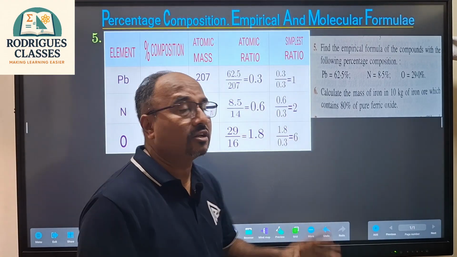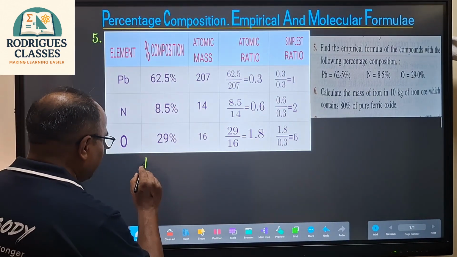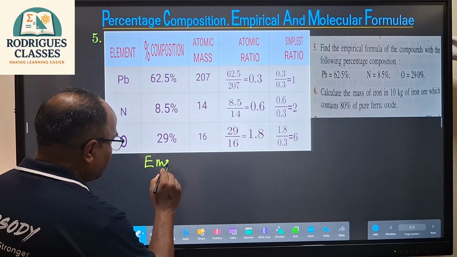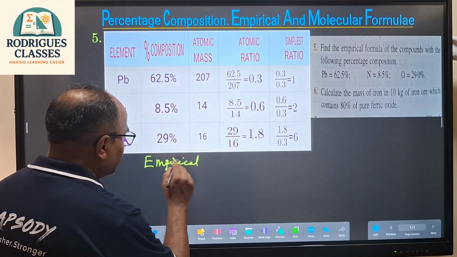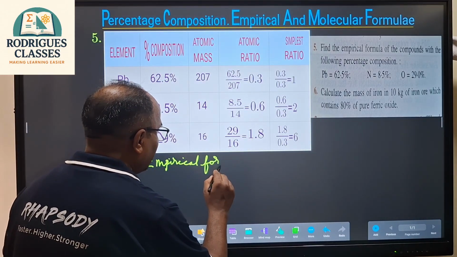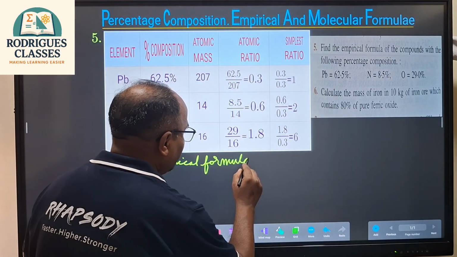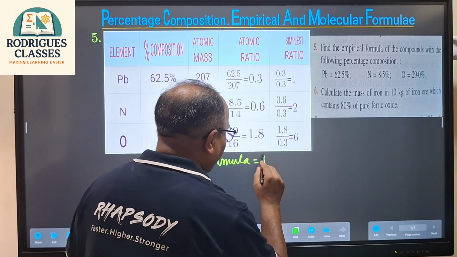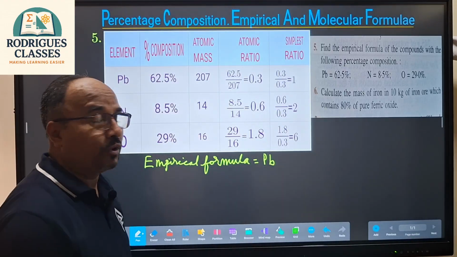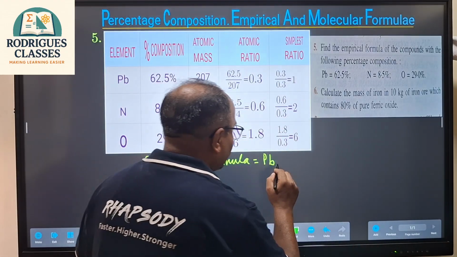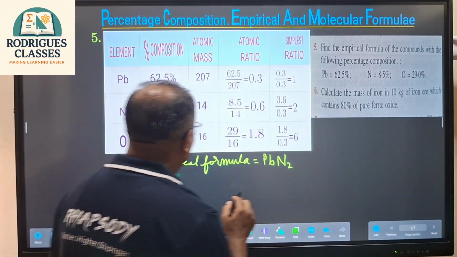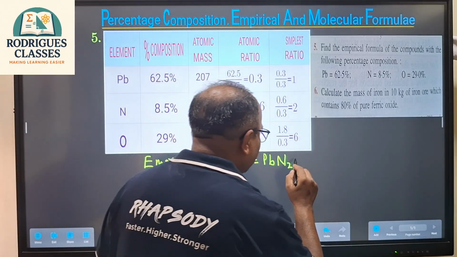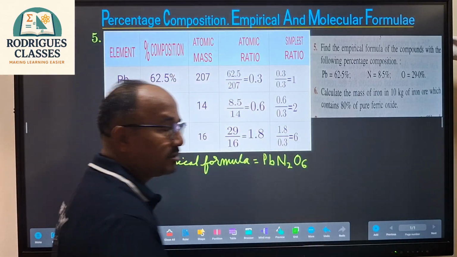Once you have done this, now the empirical formula can be written. So empirical formula, lead is Pb is 1, so we don't write that 1. Nitrogen is 2, so you write here N2, and oxygen is 6, so you write here O6.